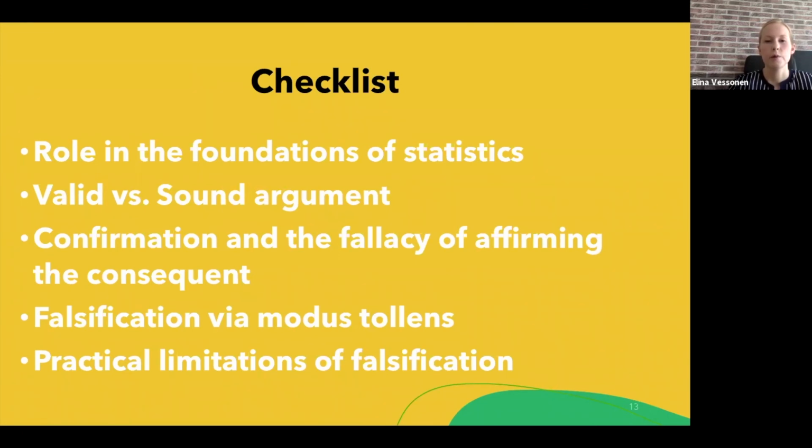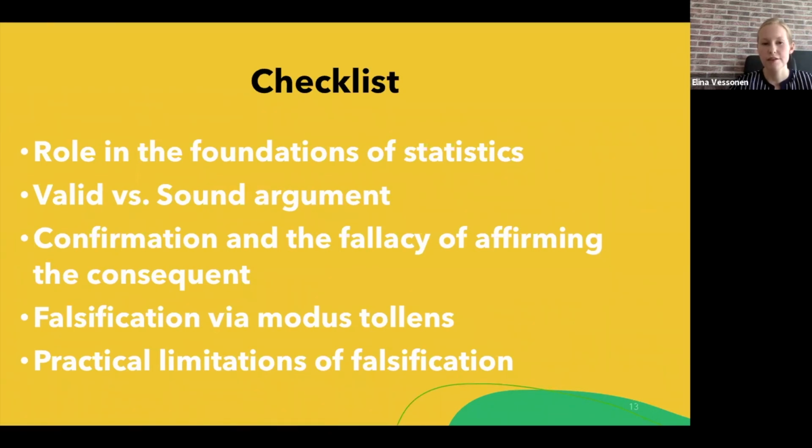Then when it comes to deductive reasoning in science, we looked at confirmation, and we observed that there are some serious obstacles to deductively confirming a theory. And the most well-known obstacle to confirmation is called the fallacy of affirming the consequent.